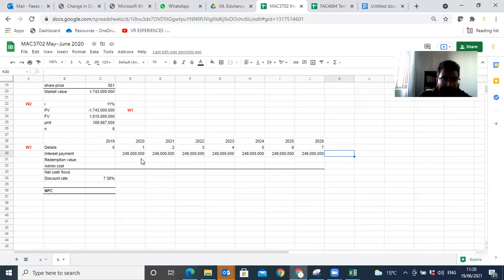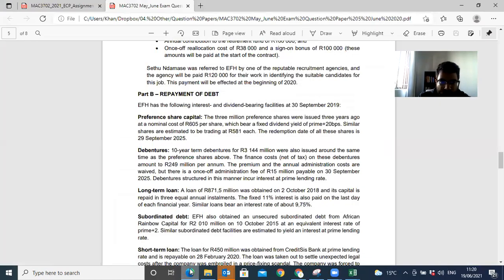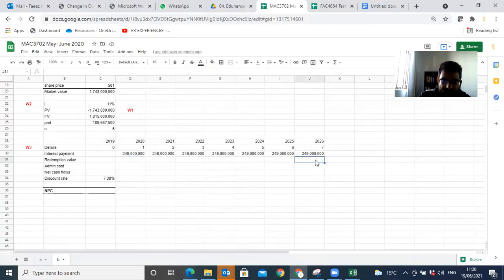Okay. Redemption value. The debentures will be issued at the same time. Finance costs. The redemption value will happen in 2025, 3144 million. So I'm going to multiply by 1 million.